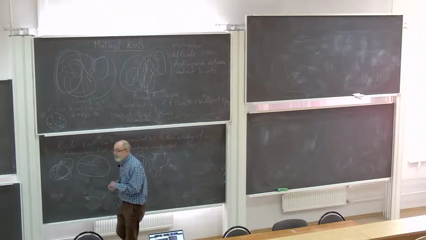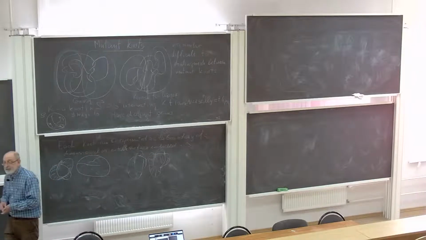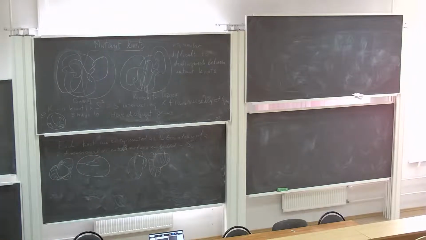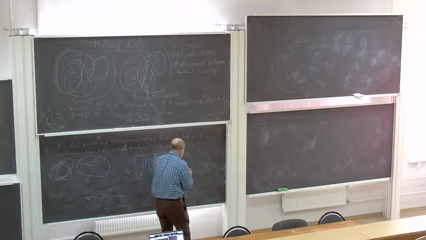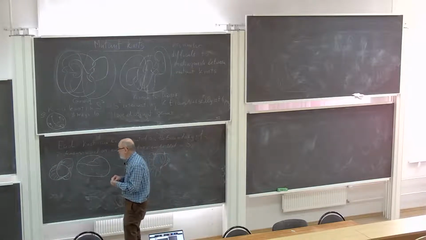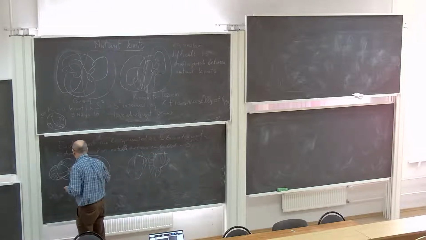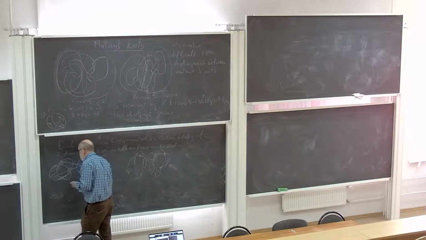And what we obtain is a surface. It's easy to check that it is indeed orientable, and that the boundary of this surface is exactly our original knot.